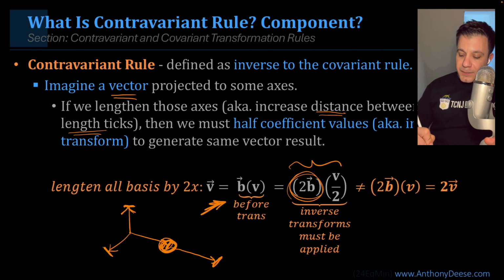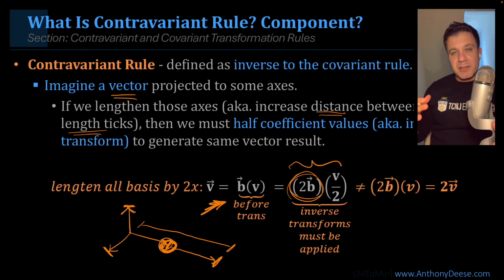We're essentially doubling the distance between the tick marks, where those tick marks represent the unit length for our entire space.